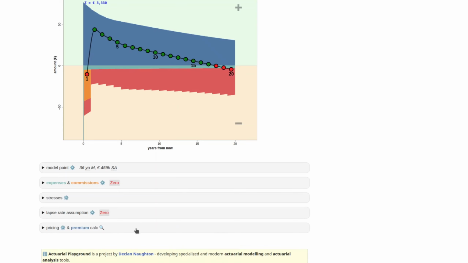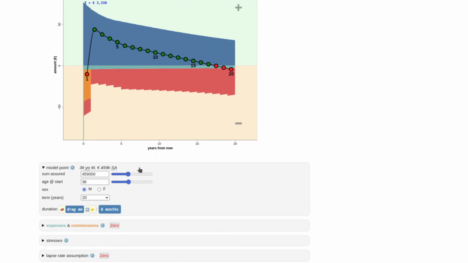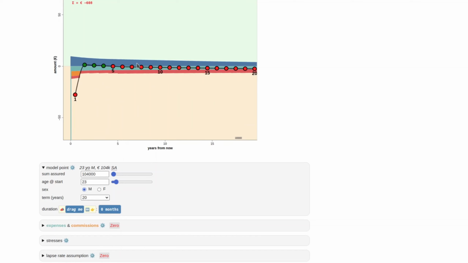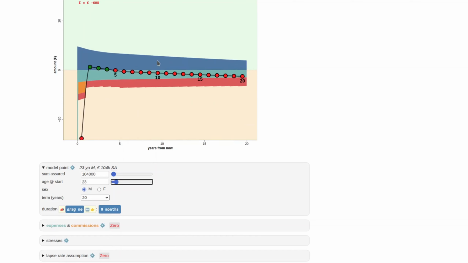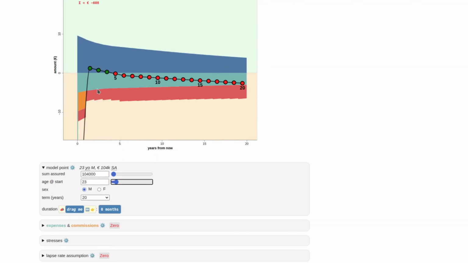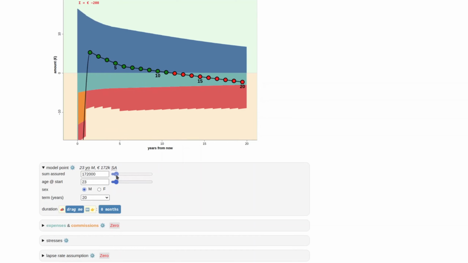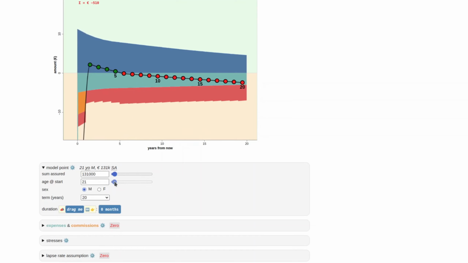So let's have a look at what they look like. If we go to low sums assured and lower ages, and our expenses haven't changed so much, we can see they cover a large proportion of our premiums, claims, and we're making losses. And we're making losses at a lot of points here. And that just follows from our pricing.